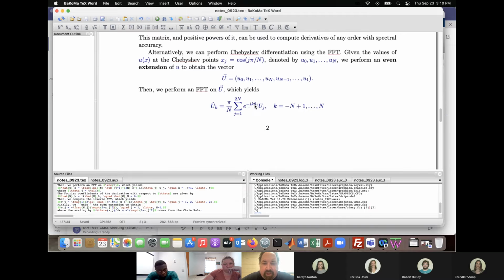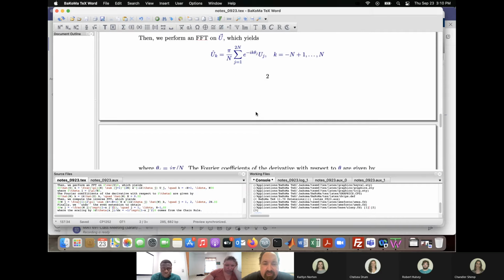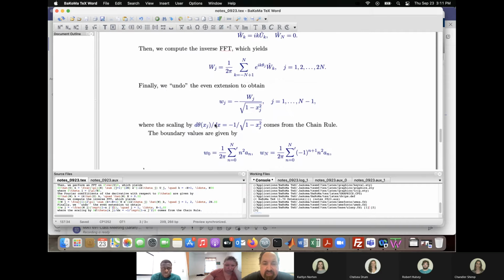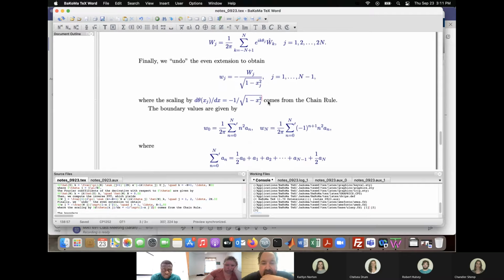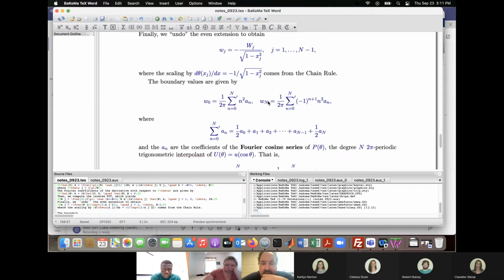You're taking a derivative with respect to theta. But the derivative with respect to x is a derivative with respect to theta times d theta dx, which is this. So that's why that factor has to be included. And this is the rest of the process.